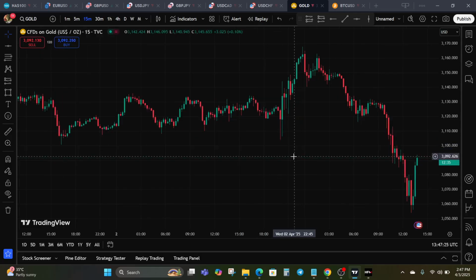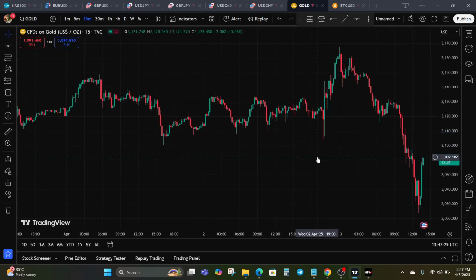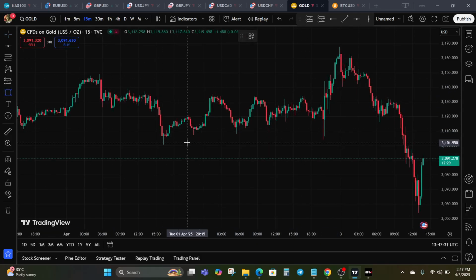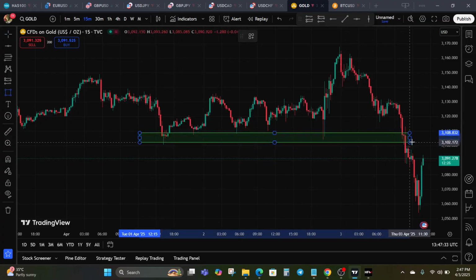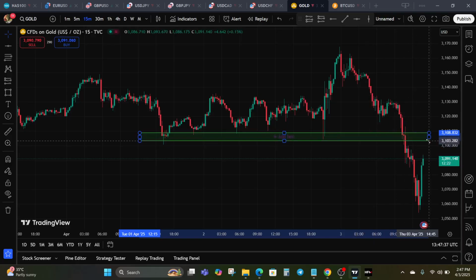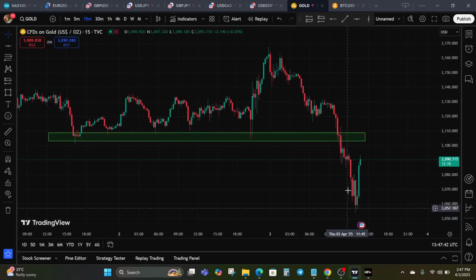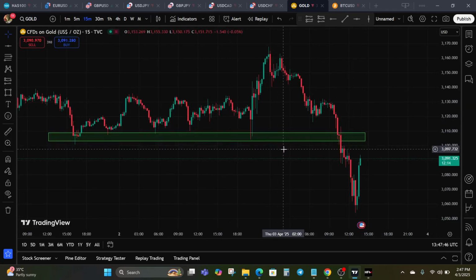Now, a breakout happens when price moves beyond a key support or resistance level. For example, you can see this point when price moved beyond this support zone, it resulted in a breakout, right? This was actually a breakout that we had from this support level.